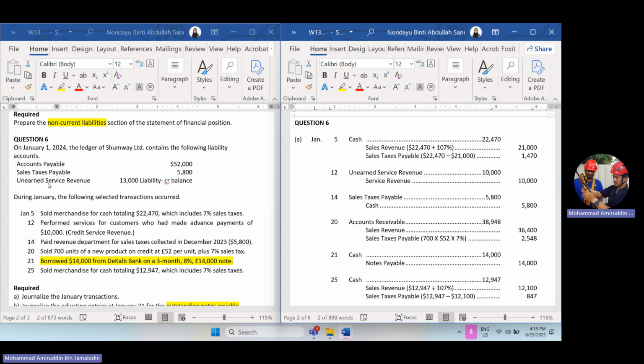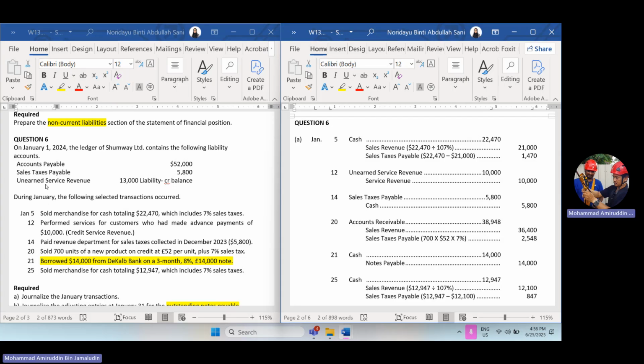This is the service which you charge your customer but you have not yet performed the service. Your customer pays in advance, then later only you provide the service. So that is unearned service revenue or prepaid revenue. Prepaid revenue is a current liability.